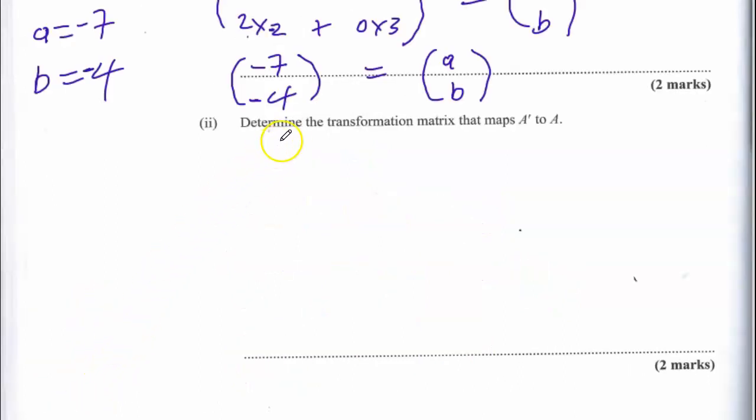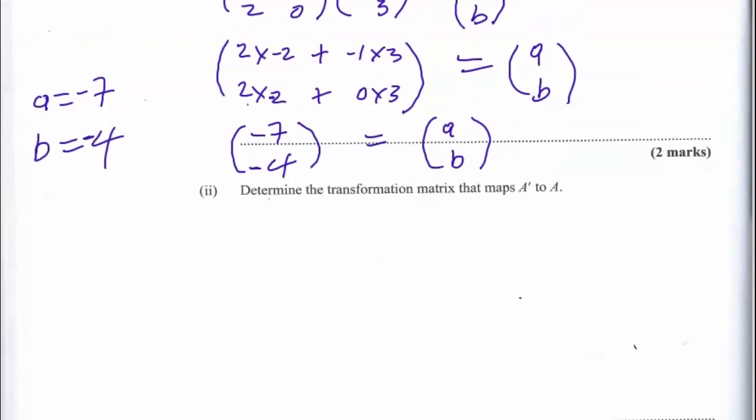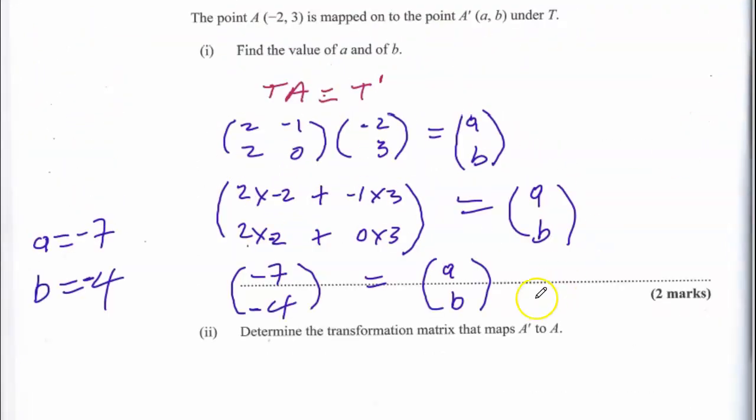Next, we're asked to determine the transformation matrix that maps A image to A. Remember T maps A to A image.